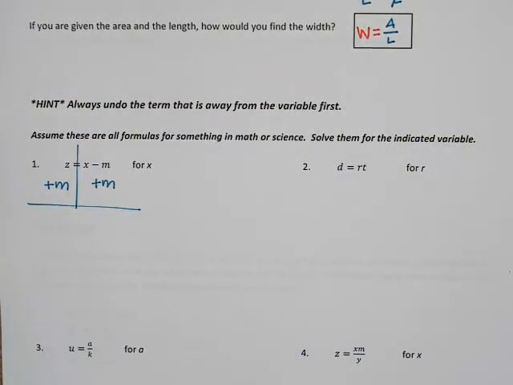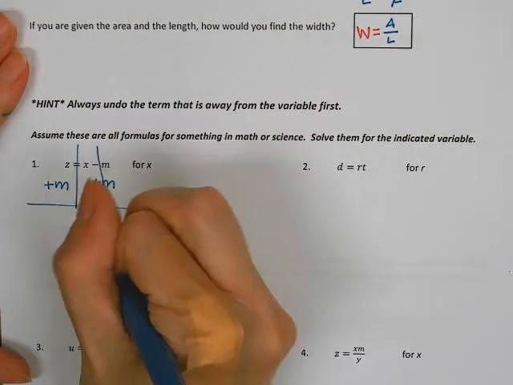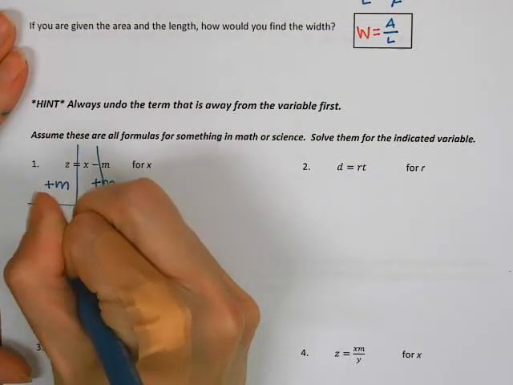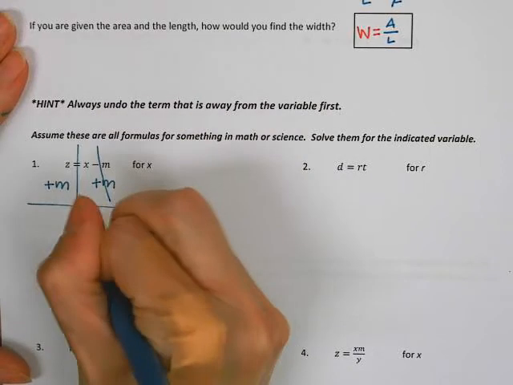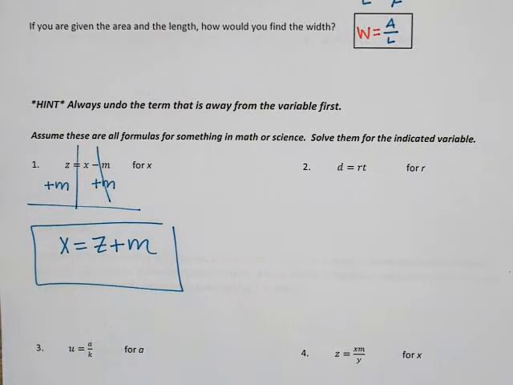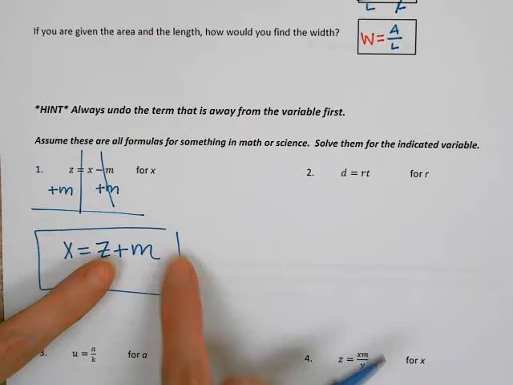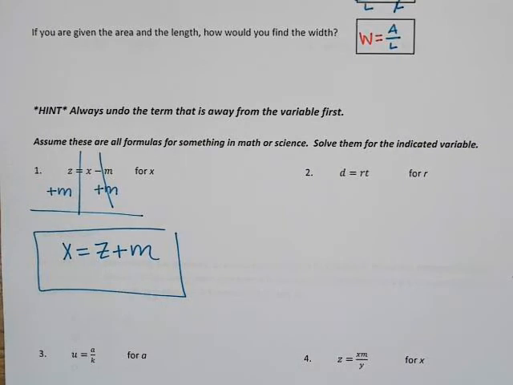Right? If you're trying to get X alone, because then these will cancel, and we're left with X equals just Z plus M. And I just wrote the X on this side and the Z plus M on this side. It doesn't matter. Okay, so that one was easy.